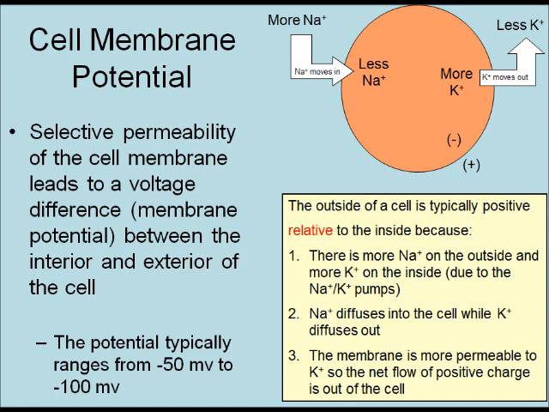But the cell membrane itself is much more permeable to potassium than it is to sodium. It's about 75 times more permeable. And because of that, we have a situation where more positive charge is leaving the cell, less positive charge is entering the cell through diffusion. So our net movement of positive charge essentially through diffusion is out of the cell.